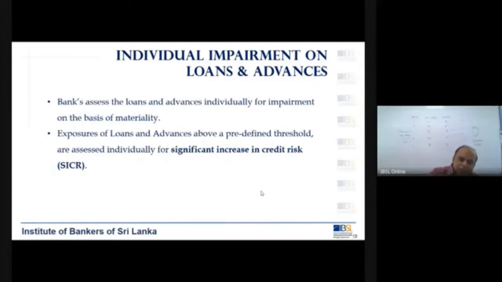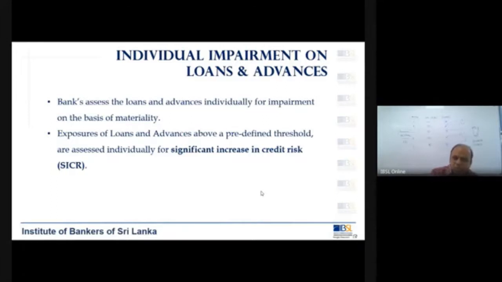Now this is where I said there will be a new term coming in. Earlier we called it objective evidence. The same thing is now termed slightly differently, significant increase in credit risk, which means when the loan was given, the customer was good. He had the capacity, his business was doing well, everything was fine.